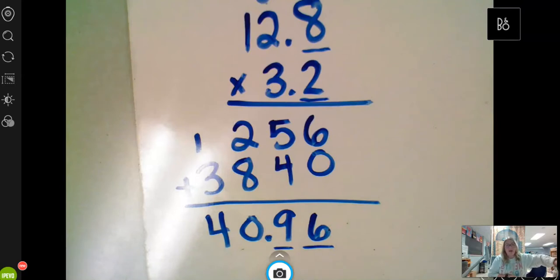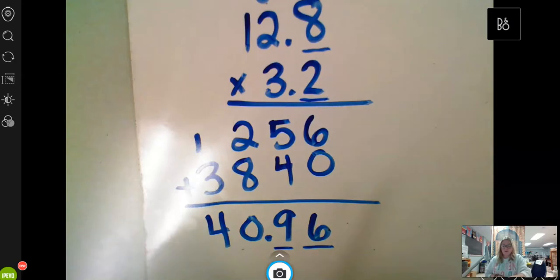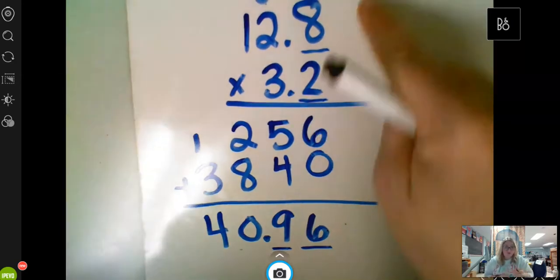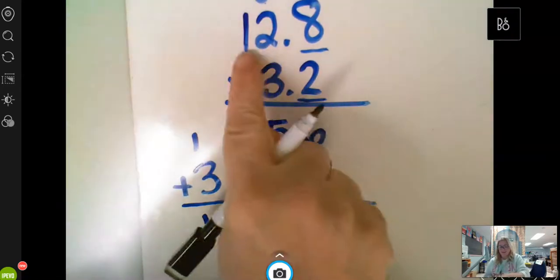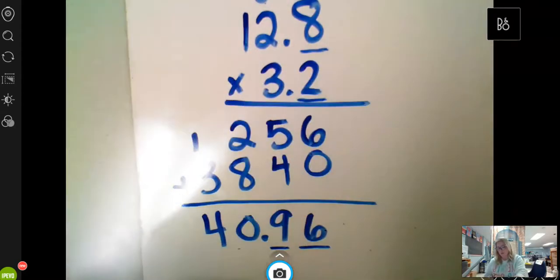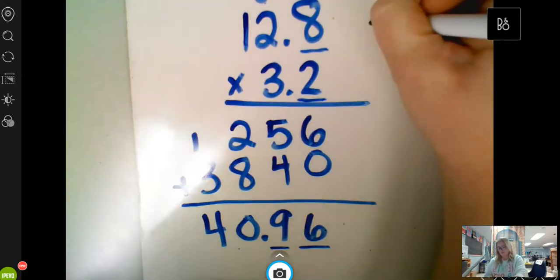I could also try to check that because we talked about estimating. So if I try to check by estimating, I could pick 2 numbers that are close to my factors and multiply those to see if I get something close to my answer. So let's see, 12 and 8/10, that's pretty close to 13.